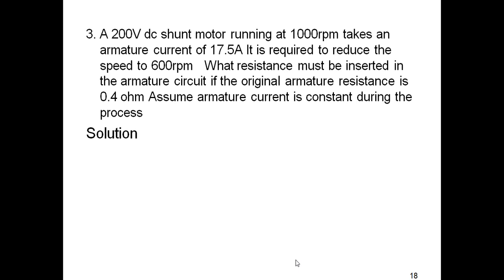It is required to reduce the speed to 600 RPM. What resistance must be inserted in the armature circuit? If the original armature resistance is 0.4 ohms, assume the armature current is constant during the process.